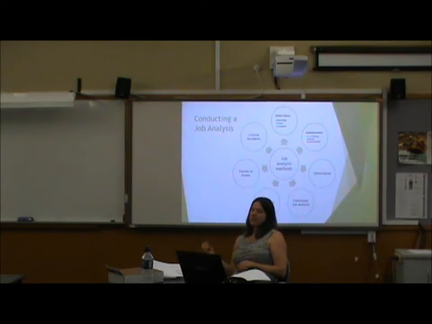So I guess the point is that a larger organisation is going to have more opportunities for gathering larger data sets to make more generalisable conclusions about a particular job. And they're going to potentially use more methods. The more methods you use, the more reliable your data. The more people you can observe or interview, the more reliable your data is going to be.